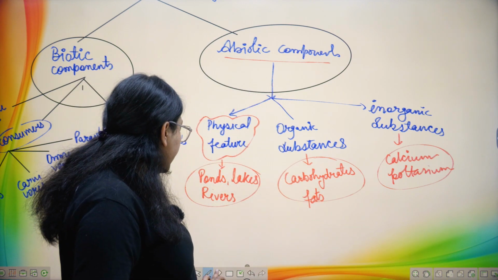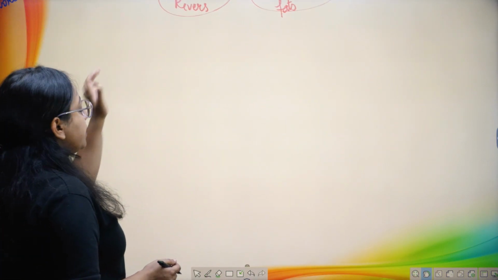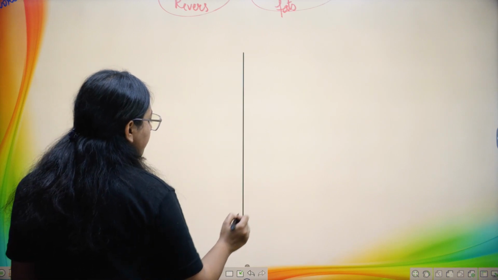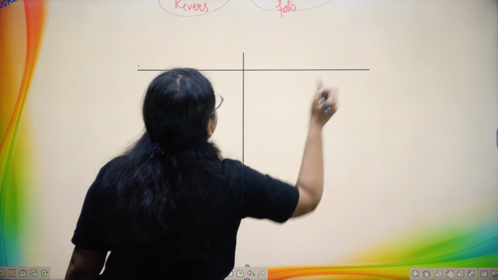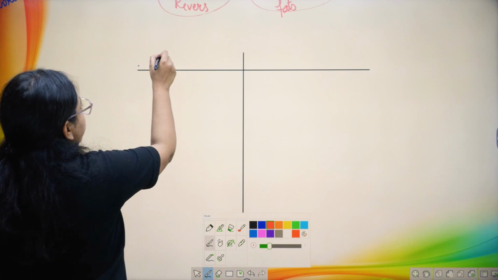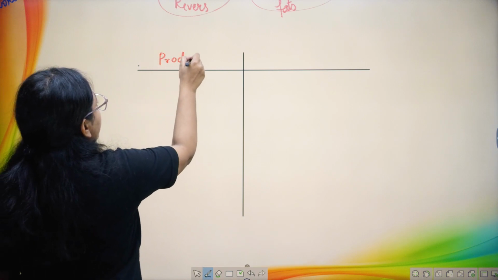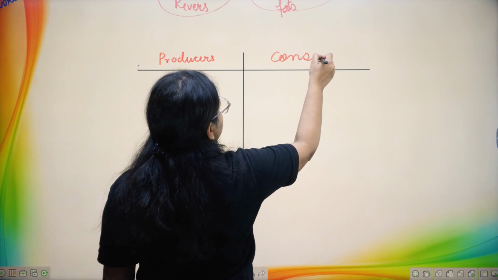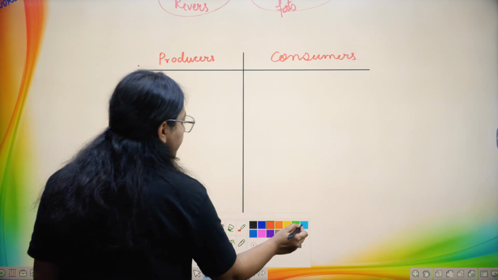Now let's quickly understand some differences between two organisms. Let's understand the difference between producers and consumers. What are the differences between them?